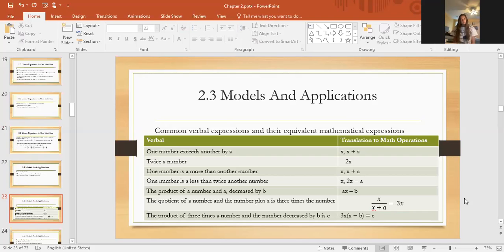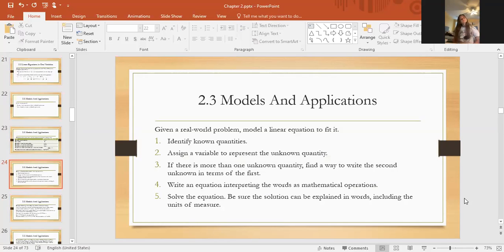If you hear the expression twice a number, it is 2x. If one number is more than another number, and the first number is x, the second number is x plus a. Using this type of expression, you can always transform a real life problem into a linear equation or a mathematical equation. You can read this one on your own.